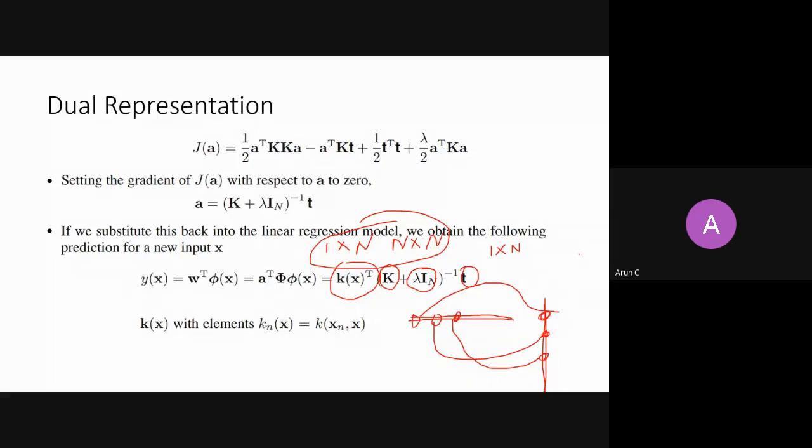It means you are weighting with your target values the distance or similarity of your predicted point, where you want to predict, to your samples in the data set, right? So intuitively, this is how you see it.